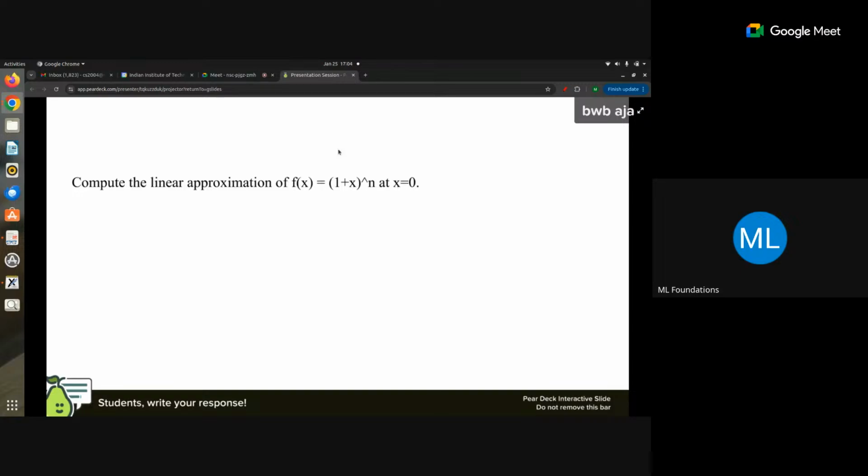You write your answer. I'll just cross-check. The function is 1 plus x to the power n. Yes. Okay.